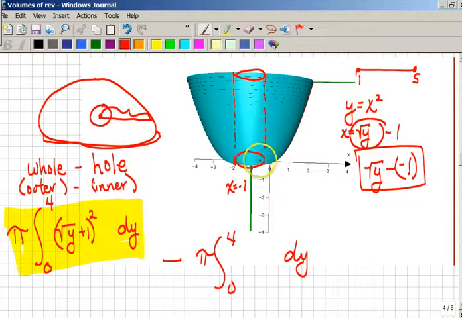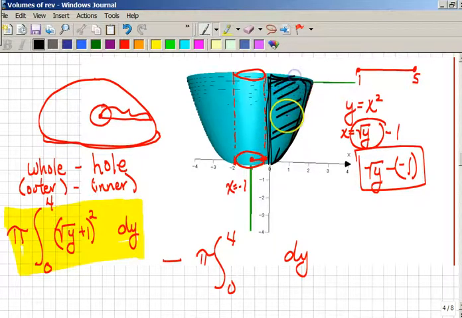All right, so we have to find the radius of the hole. Well, the radius of the hole is, again, the right point minus the left point. Well, the right point, if you remember the original shape, let me see if I can highlight this in a dark color so you can see it. The original shape is in here before we revolved it around the line x equals -1.